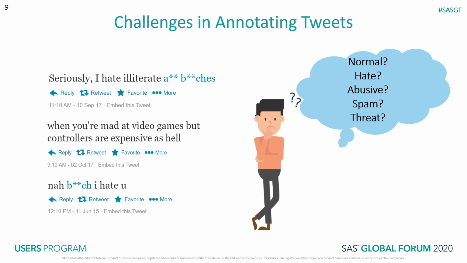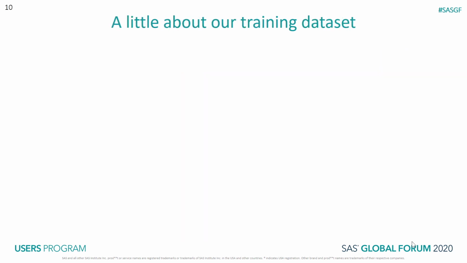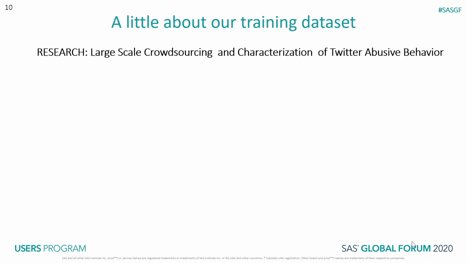With these ideas in mind, we continued our search for a good dataset and finally found one that addressed these problems. This dataset is the output of a research study named Large-Scale Crowdsourcing and Characterization of Twitter Abusive Behavior.